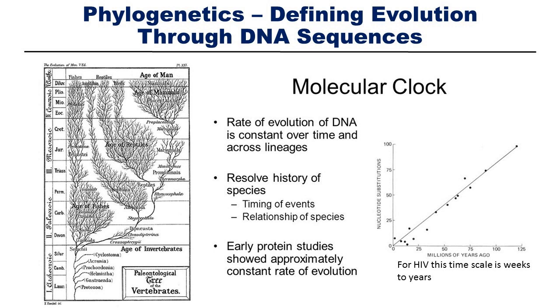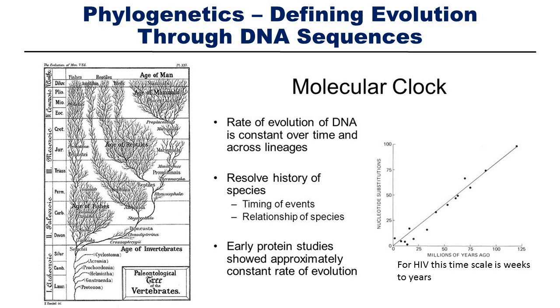So if we think about a molecular clock, a clock that is ticking with every moment of existence of life on this planet, the DNA that makes up the genetic material of those organisms has been evolving since the beginning of time, and the evolution of DNA is relatively constant across time and lineages.